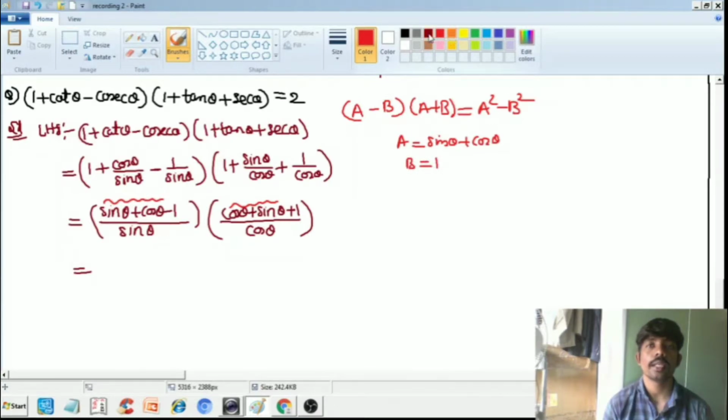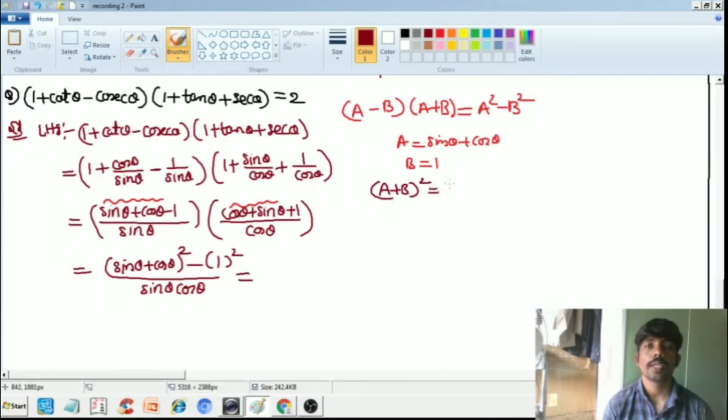Then you can write it as sin theta plus cos theta, A square minus B square is 1 square, by sin theta cos theta. Now from here expand this A plus B whole square: the formula is A square plus B square plus 2AB, write it.